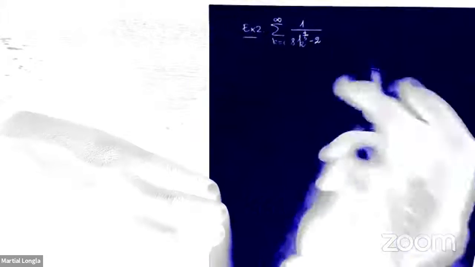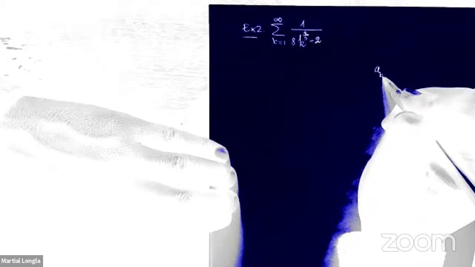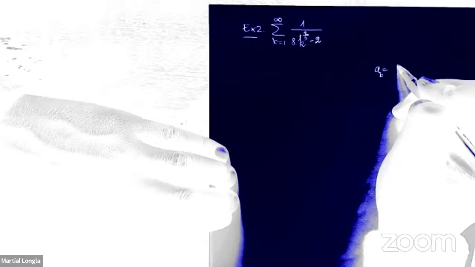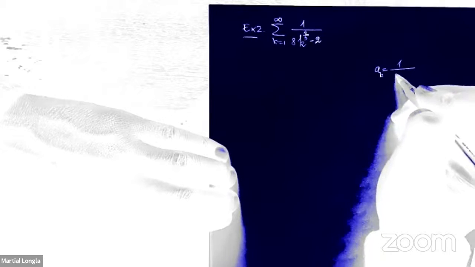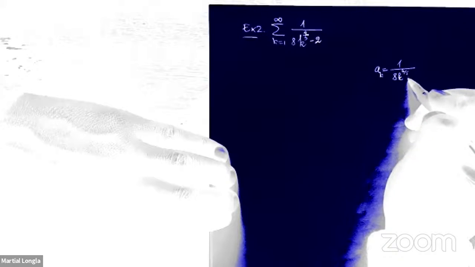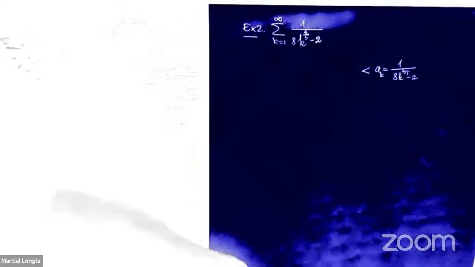And now our job is to see how to build that function that is going to be below this thing. So we start, ak in this case is 1 over 8k to the power of 4/5 minus 2. And I want to put something below this function. What is below? What do you think is going to be below this?